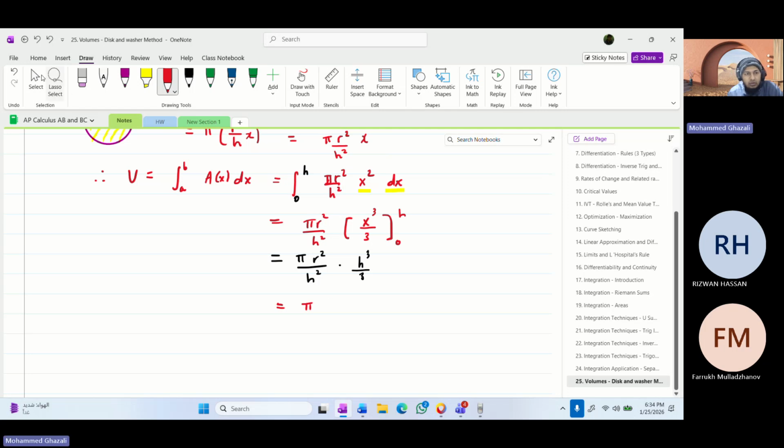You have 1/3. You can see the h squared cancels out with h squared, so you're just left with one h on top. And you are left with 1/3 pi r squared times height. And that's the volume of the cone. So you use integrals to prove that the volume of the cone is actually 1 over 3 pi r squared times height. Are we good?